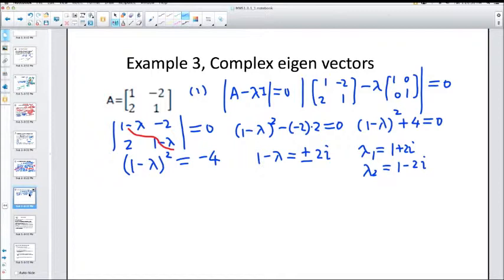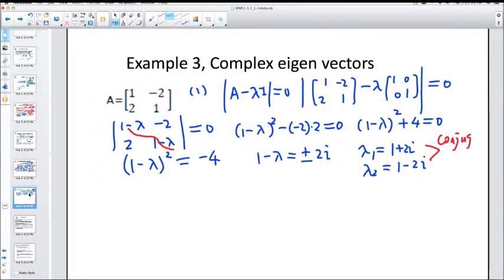Now we need to find the eigenvector for each of them. The good news is you only need to do one of them, because you can observe these two numbers are conjugates.